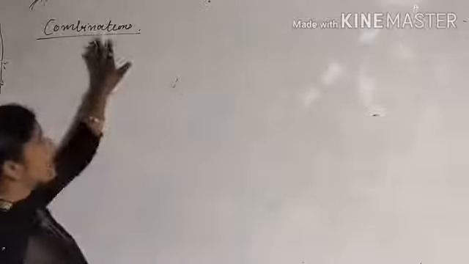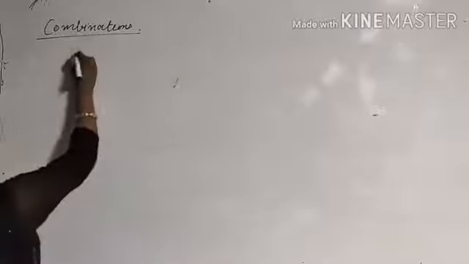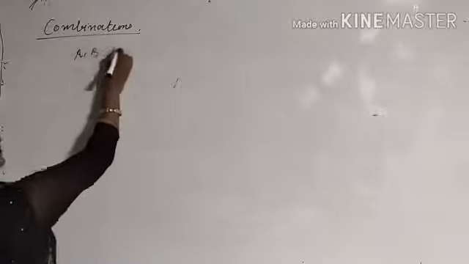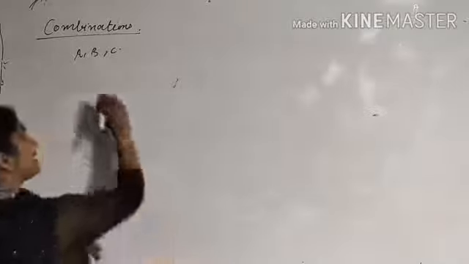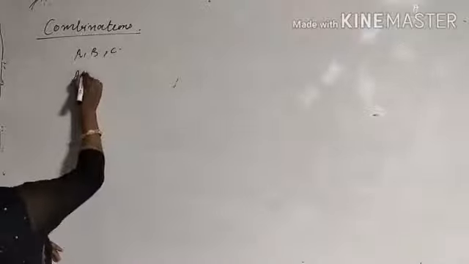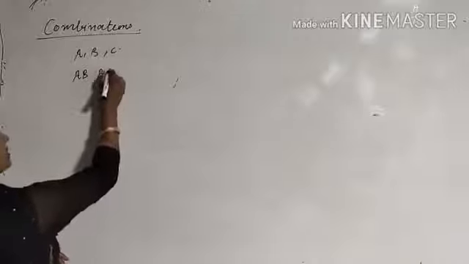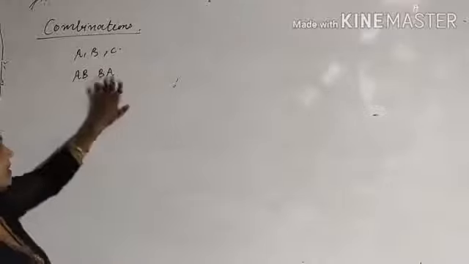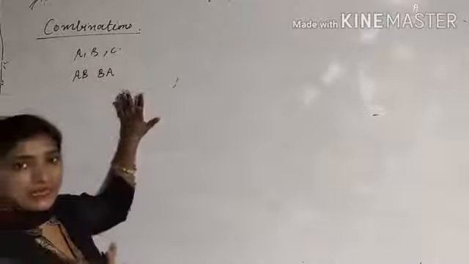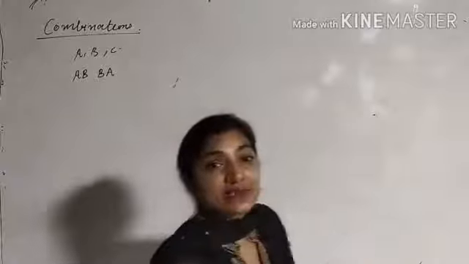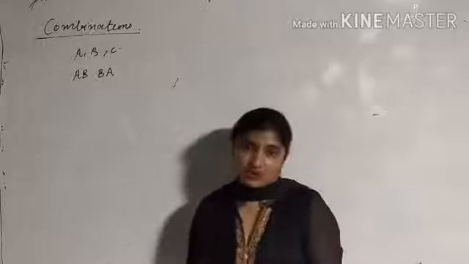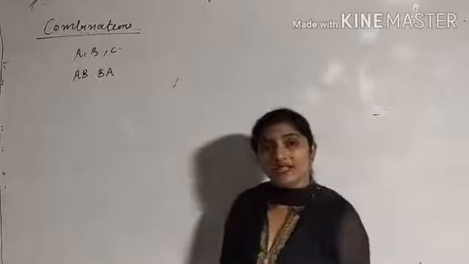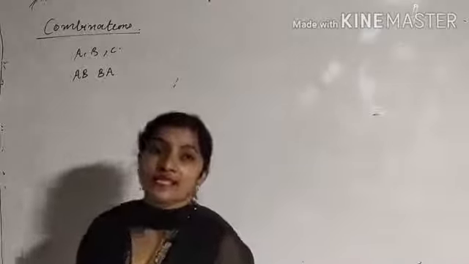So what is combination? Suppose you have 3 objects and you want to make a group of 2. Then the arrangements AB and BA, the order is immaterial. They make the same group. AB is same as BA in case of combinations, because in that case you have to select two objects only, no matter which comes first and which comes second.